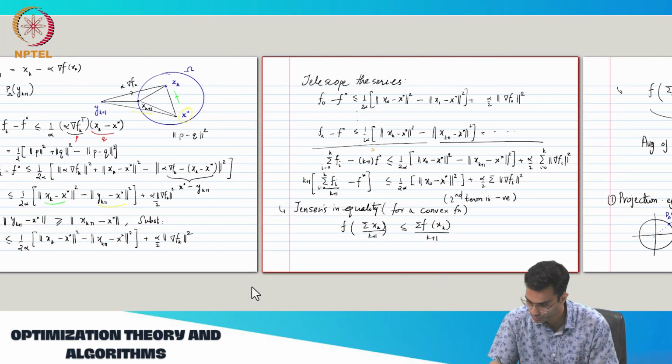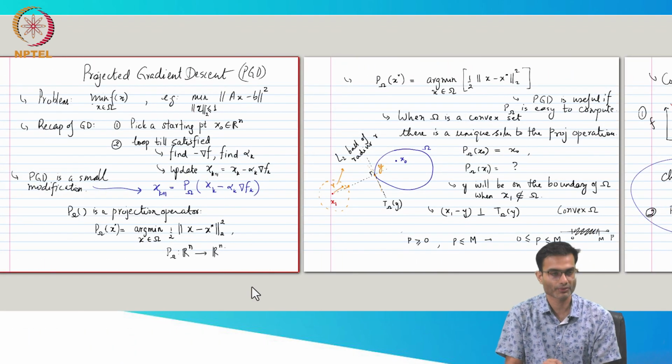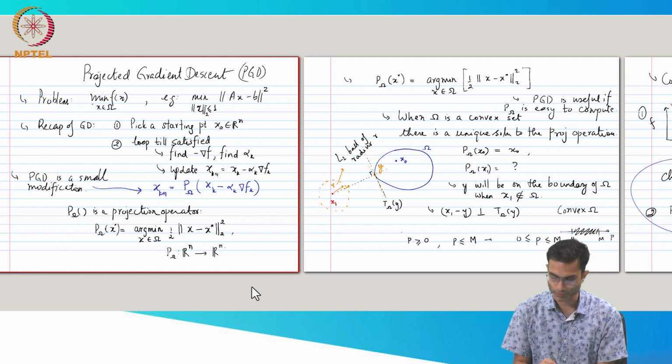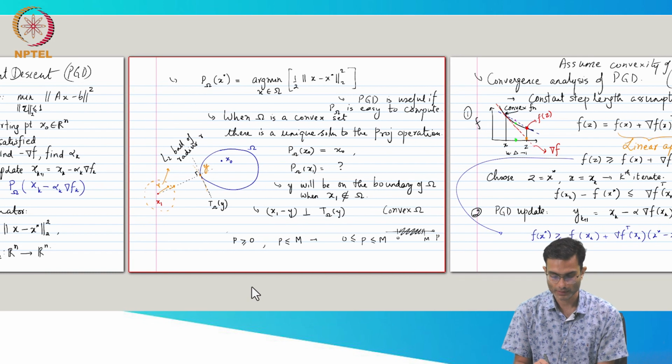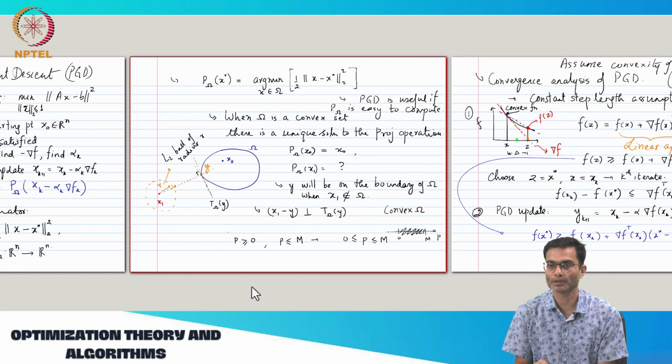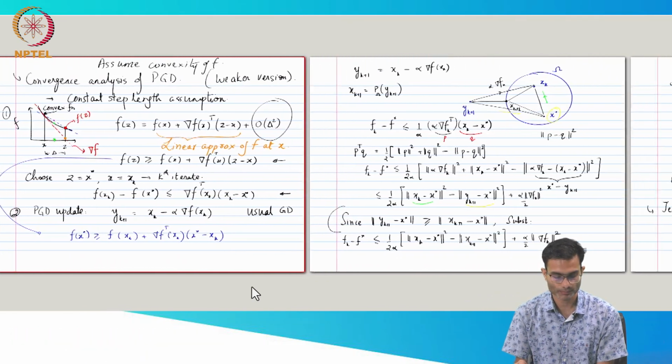Let's put this into 1:1. So what we did was we started with the brief statement of the PGD, right? And some properties of the projection operation, how to think of it graphically or geometrically. And then we started this proof, right?